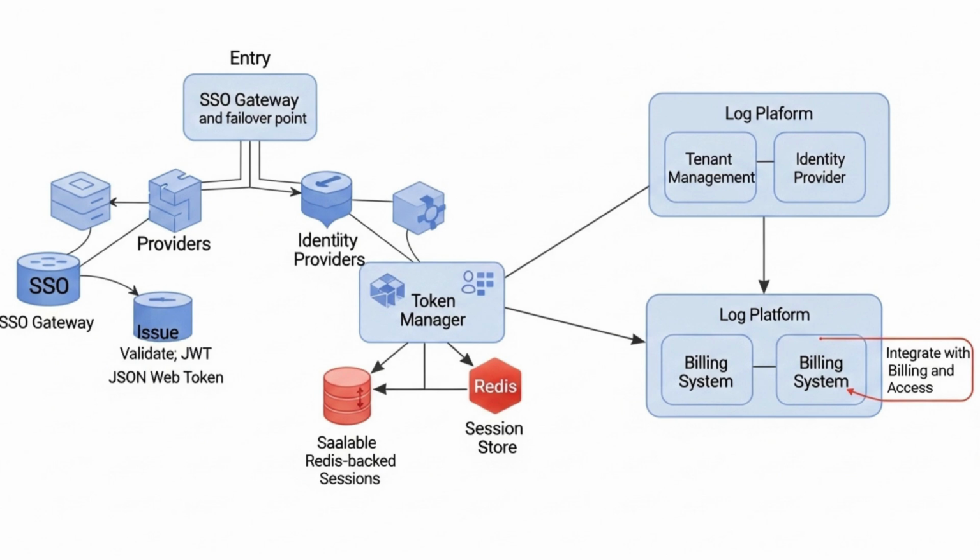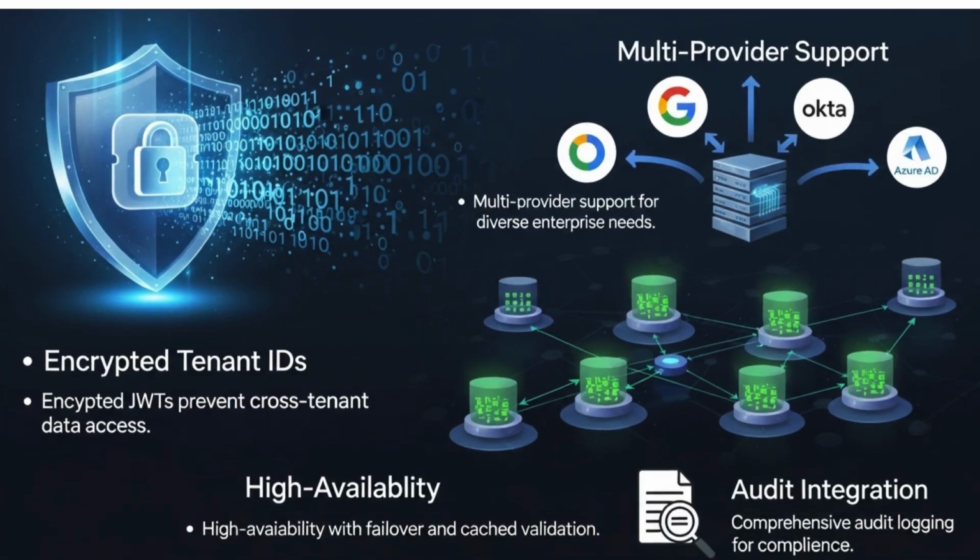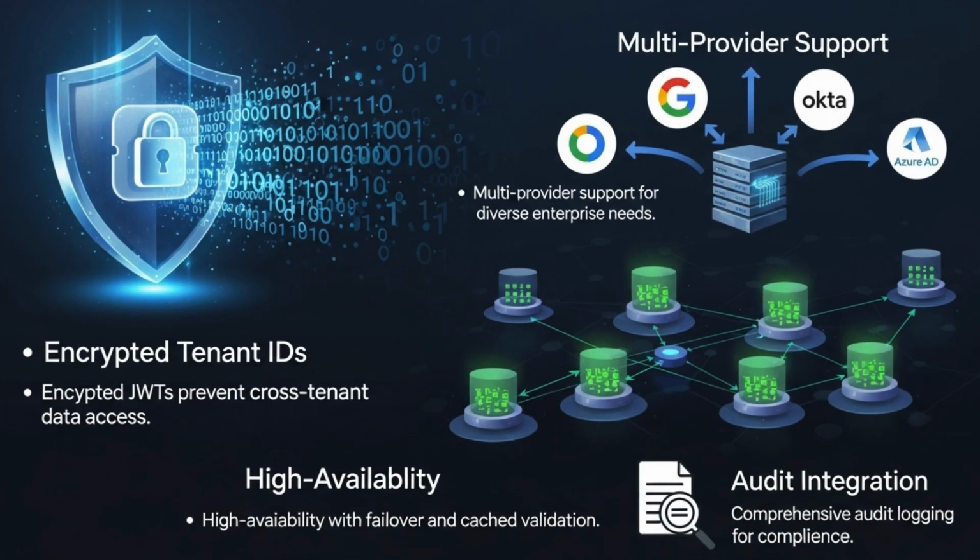A robust SSO solution isn't just about seamless logins, it's fundamentally about security and reliability in production. First, let's talk security. Your JWT tokens should contain encrypted tenant IDs, preventing cross-tenant data access and enabling efficient permission checks at every endpoint. Token rotation must happen transparently, maintaining security without disrupting user sessions.